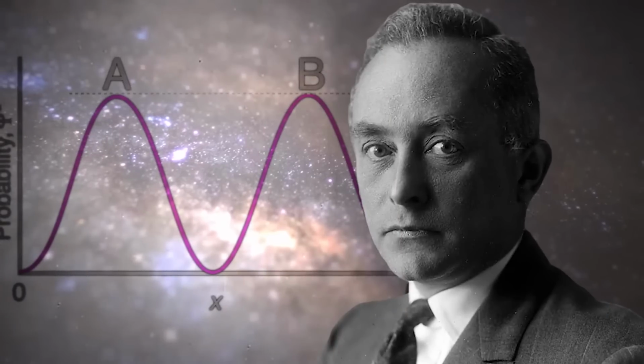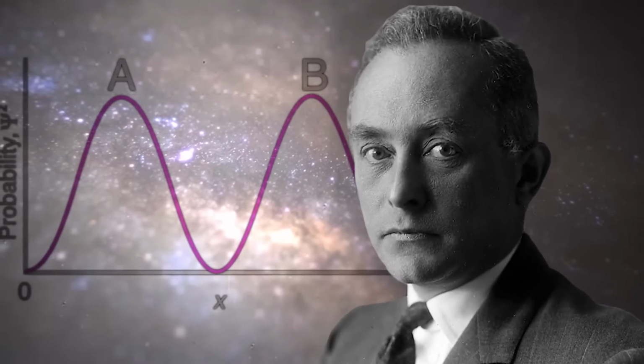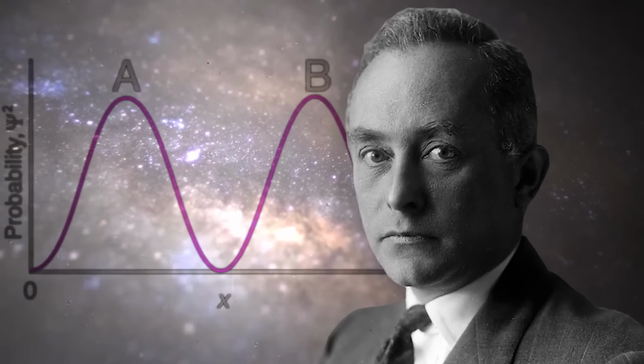In the late 1920s, a consensus was starting to form around a refined version of Max Born's interpretation. This view became known as the Copenhagen interpretation, named for the city where Niels Bohr, Werner Heisenberg, and others had made major contributions to its development. According to the Copenhagen view of quantum mechanics, quantum particles behave like waves. These particle waves are each described by their wave function.